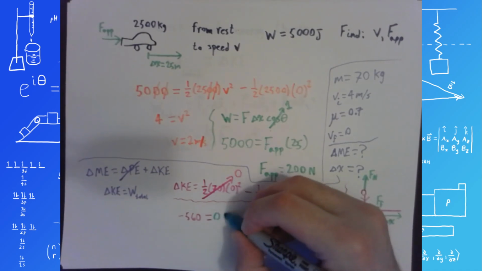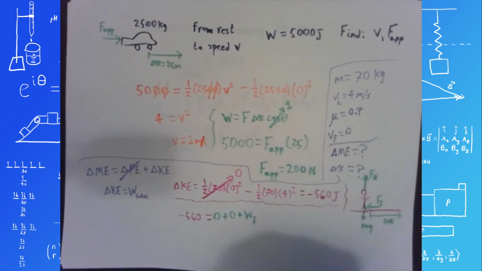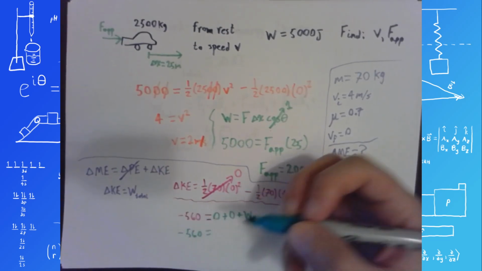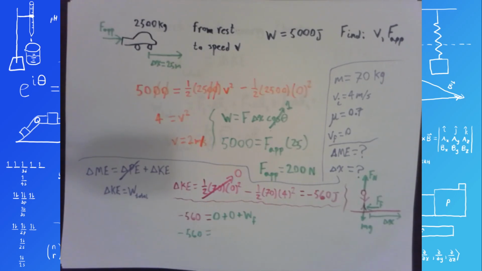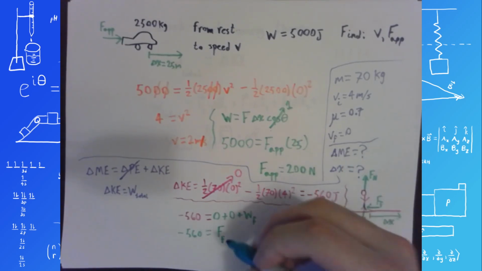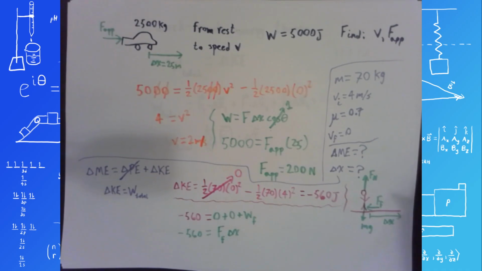So 0 plus 0 plus work friction. So your negative 560 equals the work of friction, which is going to be the force of friction times the displacement times cosine of the angle between them.